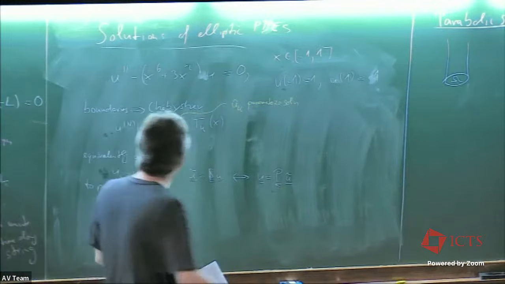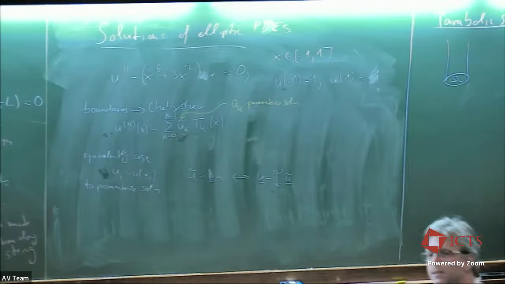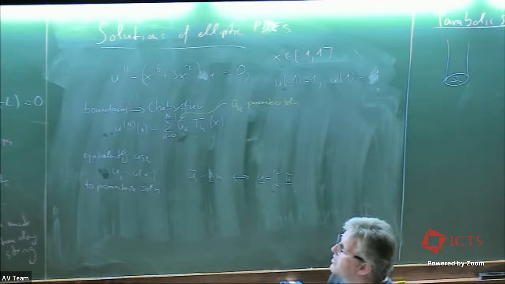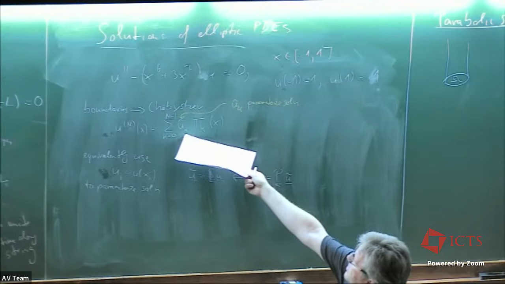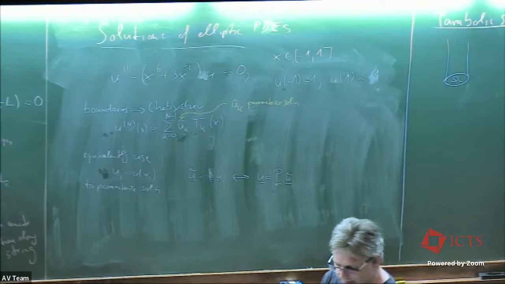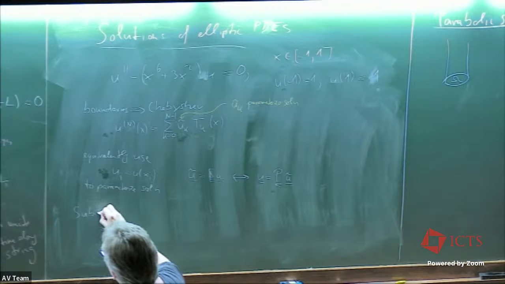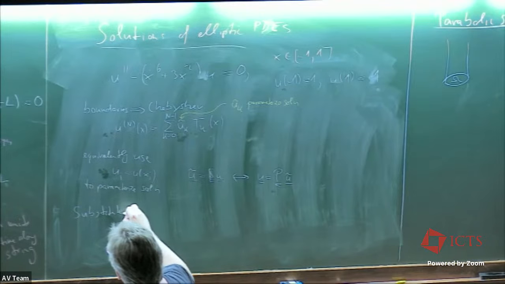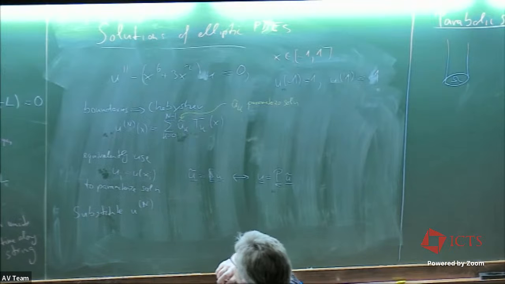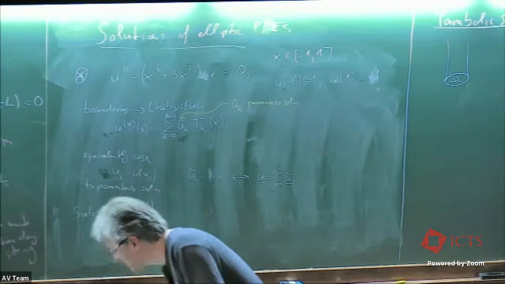Okay, so we have our parametrization. The next step we did on Monday, and that's the general strategy, is we take our parametrization and plug it back into our original equation. So we substitute u_N into our differential equation, which I'm calling star.